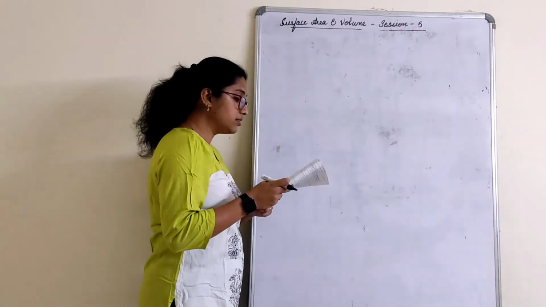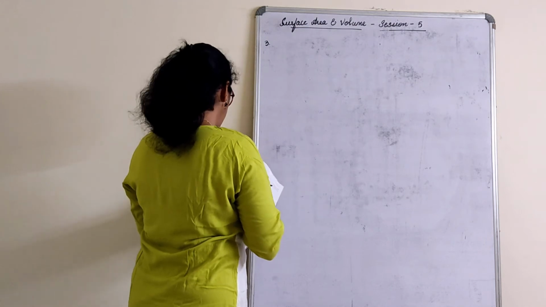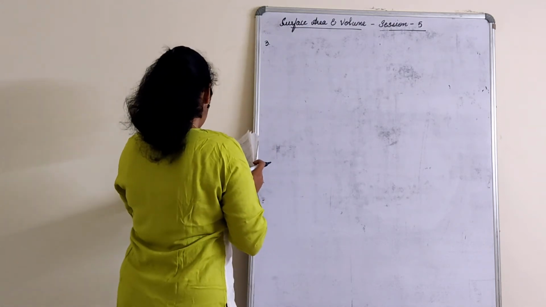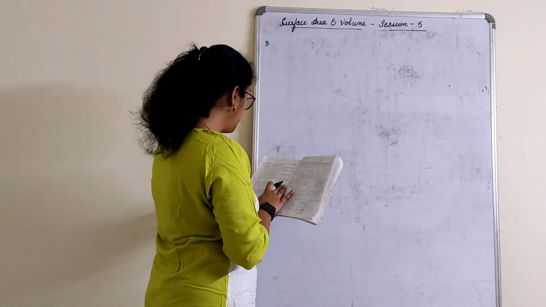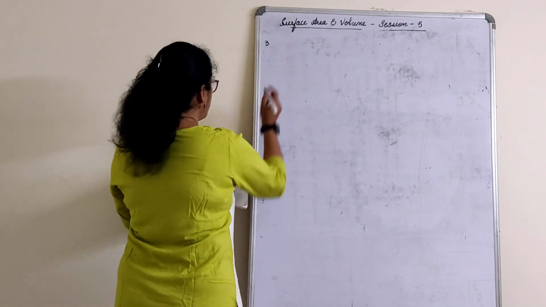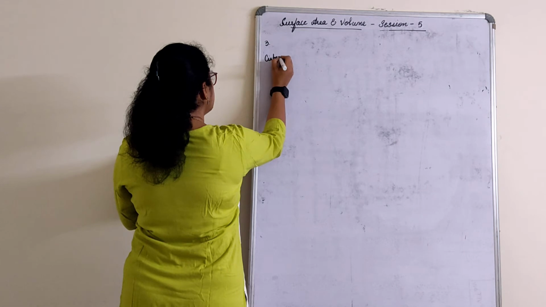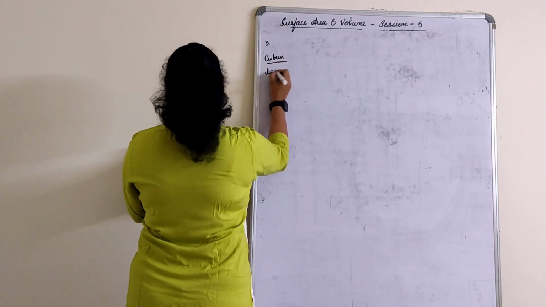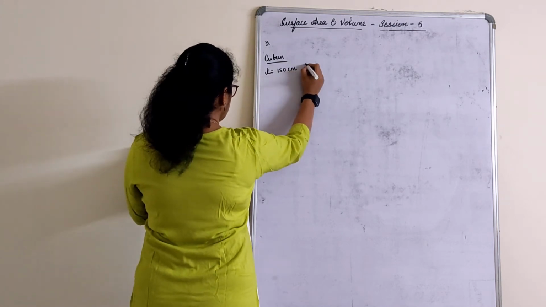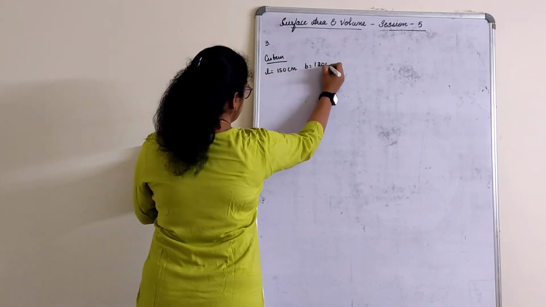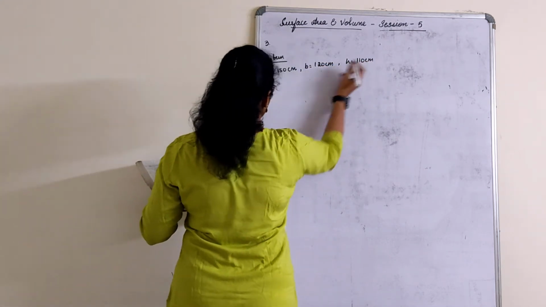A cistern internally measuring 150 centimeter by 120 by 110 has 129,600 centimeter cube of water in it. So first of all, let's find the volume of the cistern. So I will write here, a cistern which is given as length 150 centimeter, breadth 120 centimeter and height 110 centimeter.